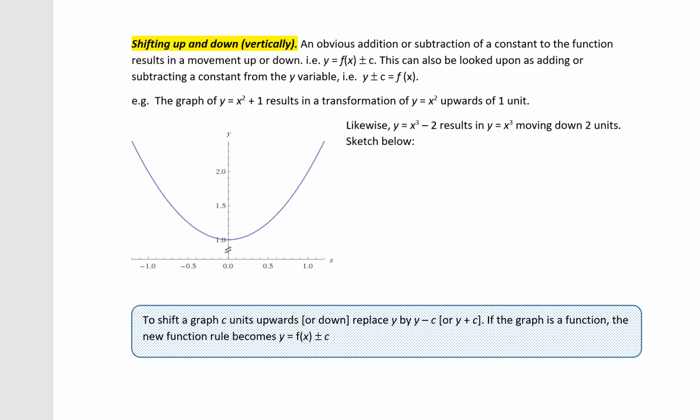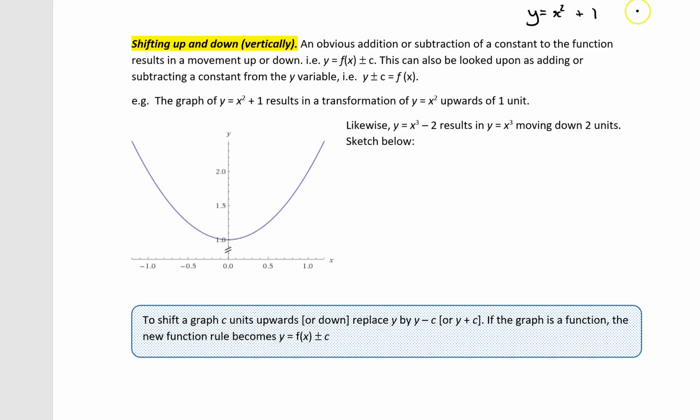Now, I'll be very surprised if, when you first started graphing a quadratic, forming a parabola, you then didn't look at, for example, the graph of y equals x squared plus 1. And often this is the very next step in sketching after you've learned how to sketch y equals x squared. We now just add 1 to all the y values.